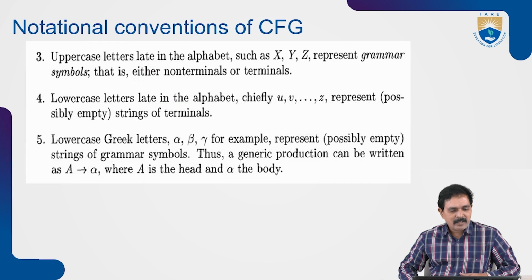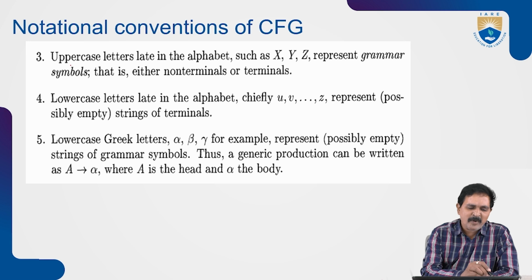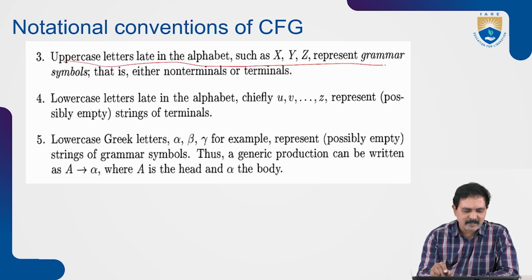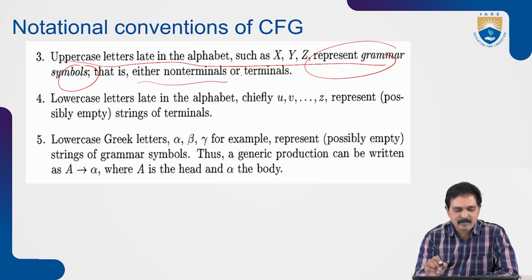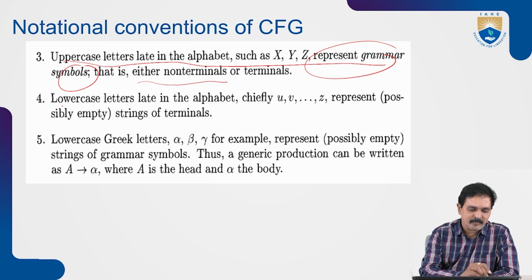And one more thing: uppercase letters late in the alphabet represent grammar symbols, that is, either non-terminal or terminal. But I will give you some clarity about which are exactly terminals and which are non-terminals.